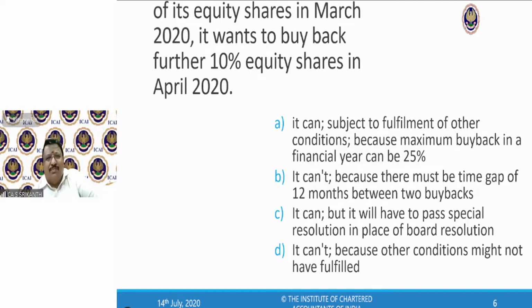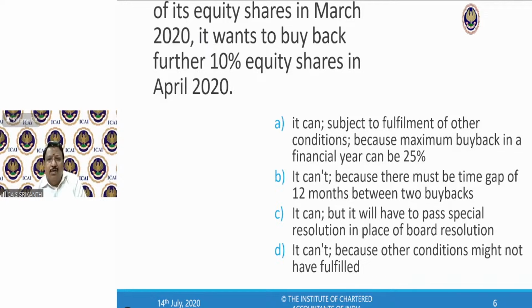Basically, the company made a buyback of its equity shares in March 2020, but now it wants to buy back a further 10% equity shares in April 2020. The logic is it looks like it's the next financial year. Can it do that? It cannot.